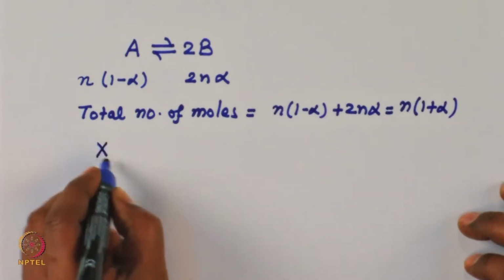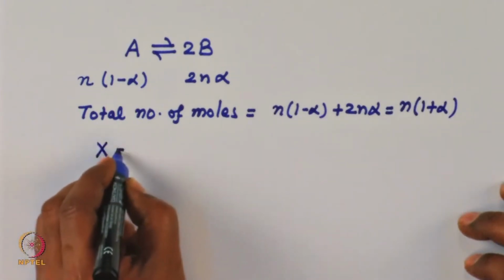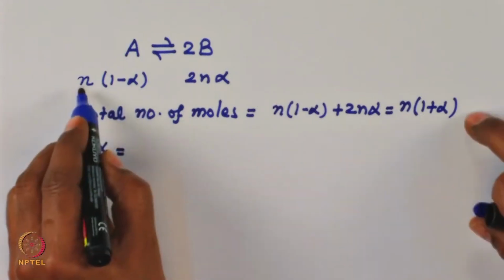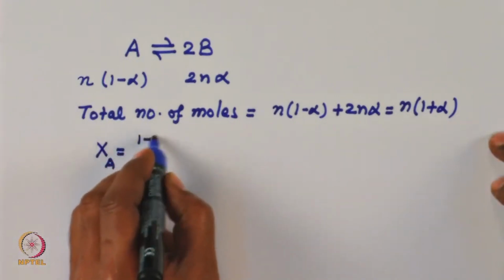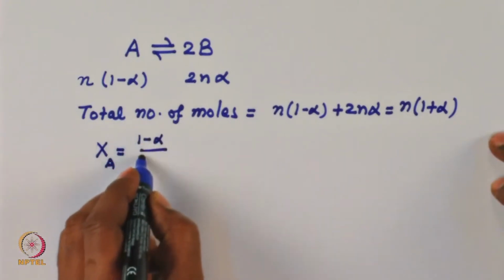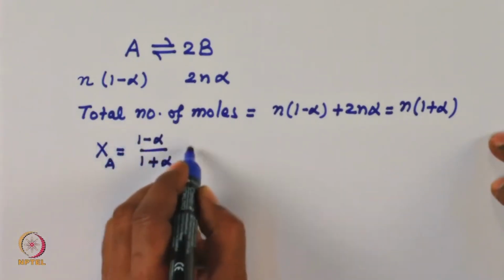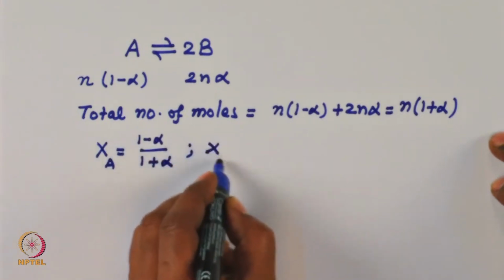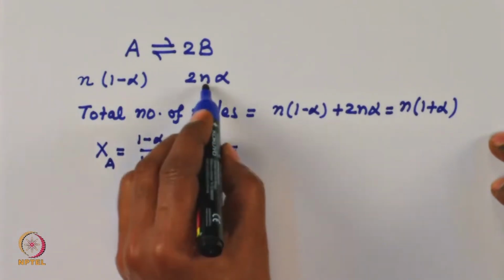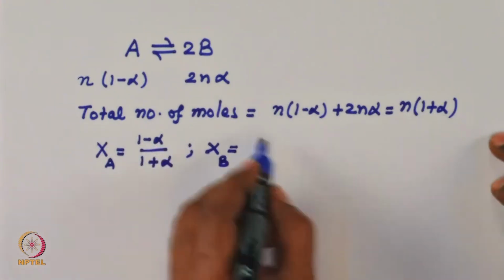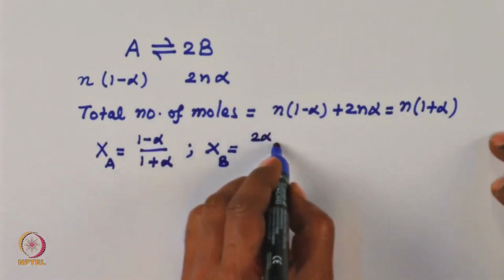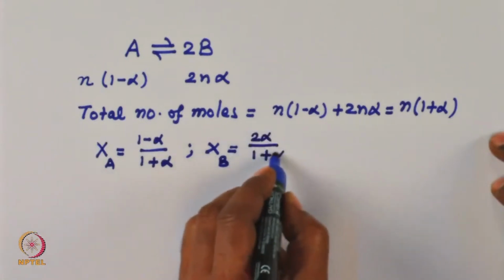So, mole fraction of A will be equal to this divided by the total number of moles, which is going to be 1 minus alpha over 1 plus alpha, and mole fraction of B is going to be this divided by the total number of moles, which is going to be 2 alpha over 1 plus alpha.